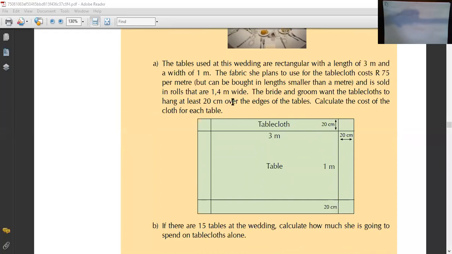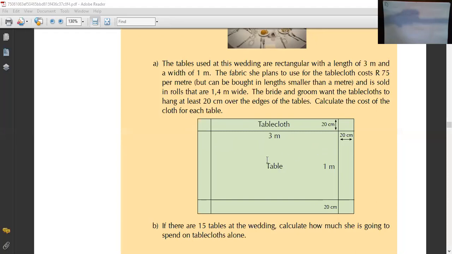So we are told that it can be 1.4 meters wide. As you can see from here, it is actually 1.4 meters. So we have covered the width of the cloth to be bought. Let's move on. Calculate the cost of the cloth for each table.